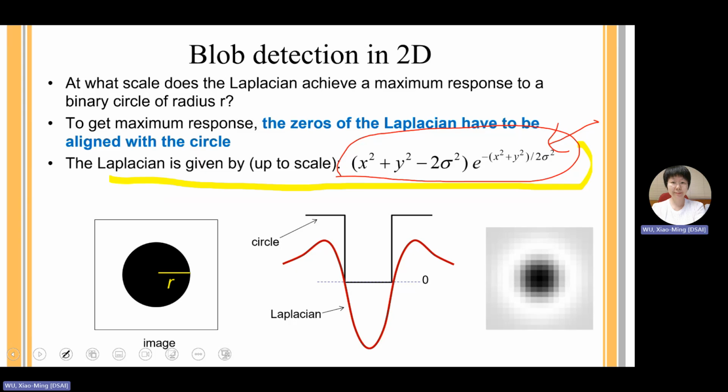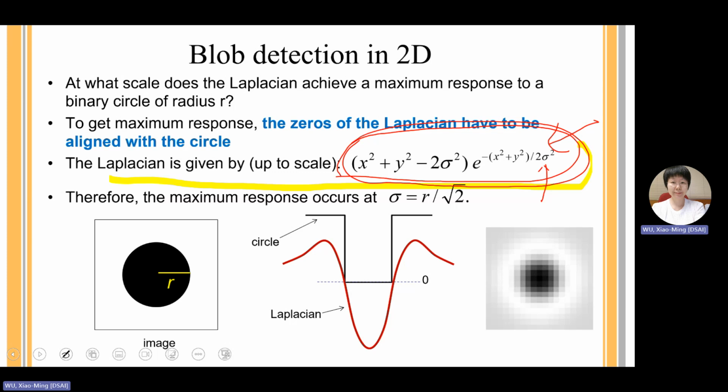The Laplacian of Gaussian function also has this sigma parameter, of course, because it's from the Gaussian function.